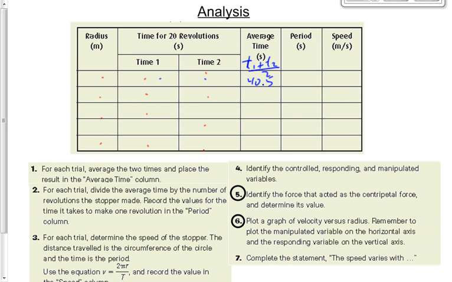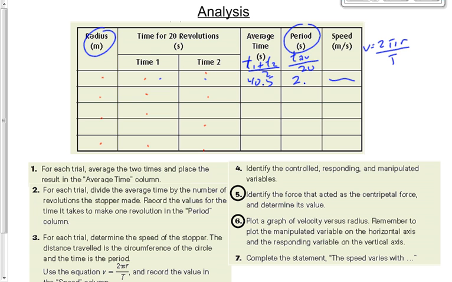Now the period is that average time divided by 20. So 40.5 divided by 20 would be about 2 point something seconds. Now my speed, somebody said, I think it was Lewis earlier on, said we're going to use v equals 2 pi r over t to find the speed. 2 times pi times the radius divided by the period to get the speed.